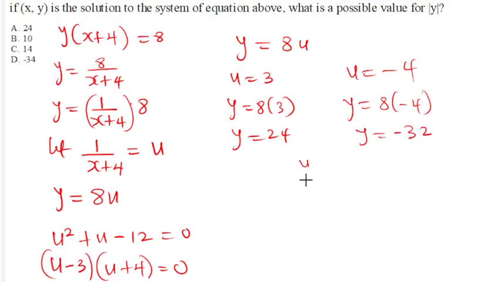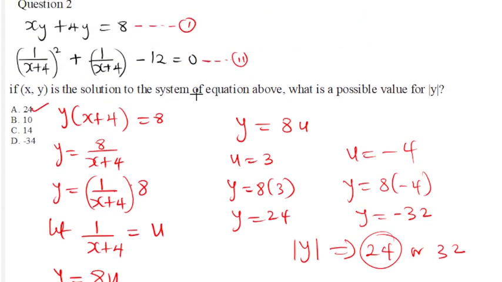Since we are talking about the absolute value of y, y is equal to 24 or 32. So we'll have 24 in one of the options here. The final answer here is A.